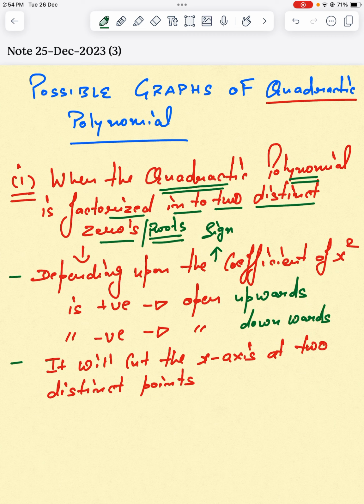That means if there are two distinct roots of the quadratic polynomial, then depending upon the coefficient of x square, that is a, the sign it bears will decide whether the parabola opens upwards or downwards.